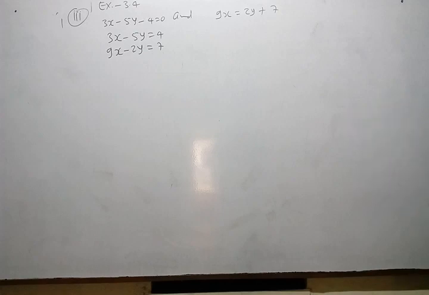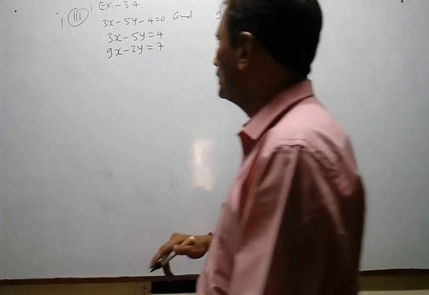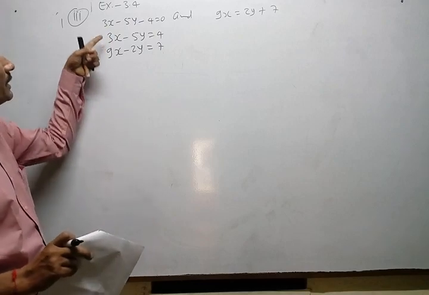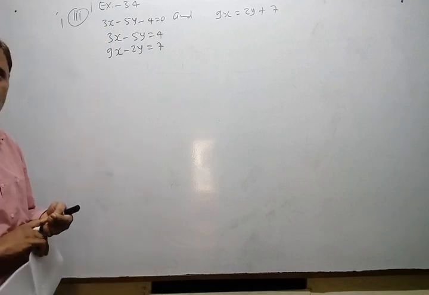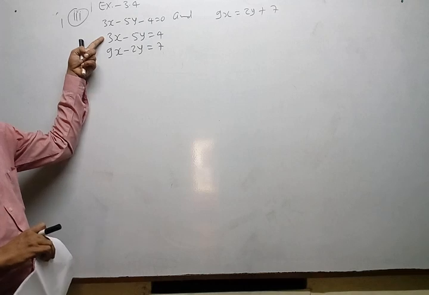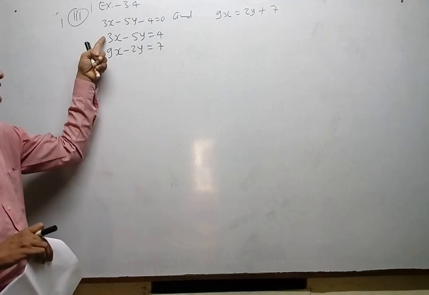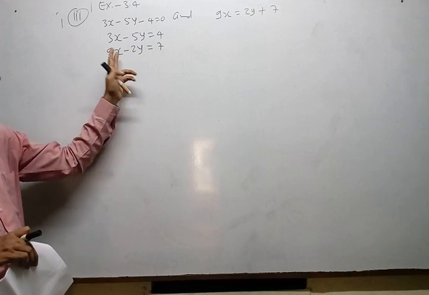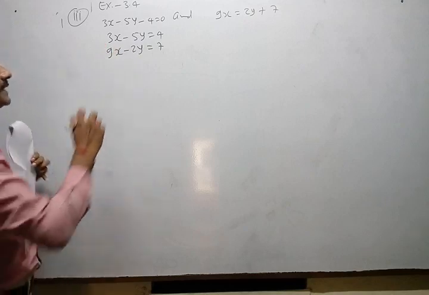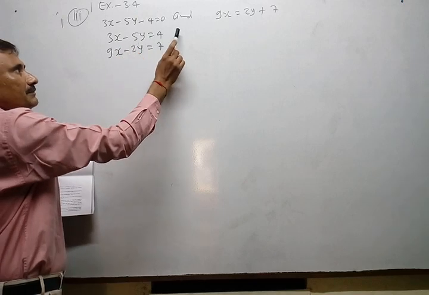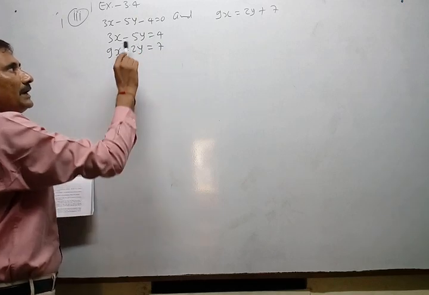Now, how to solve it? Two ways are here. If you want to get the coefficient of x equal, then the first equation should be multiplied by 3. So this 9 comes here, no need to multiply the second. Otherwise, if you eliminate y, then you have to multiply the first by 2 and the second by 5.